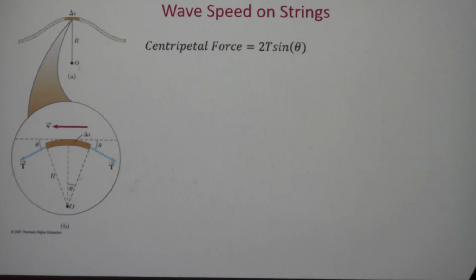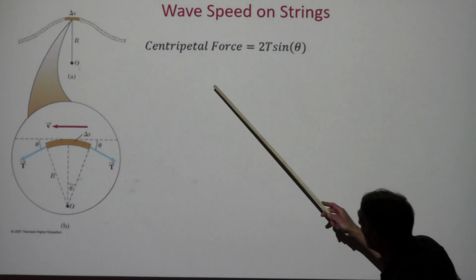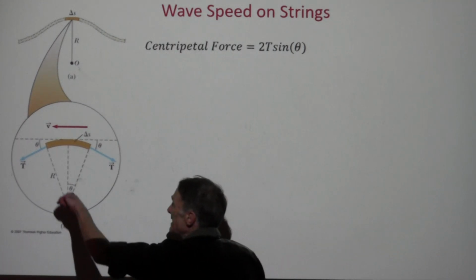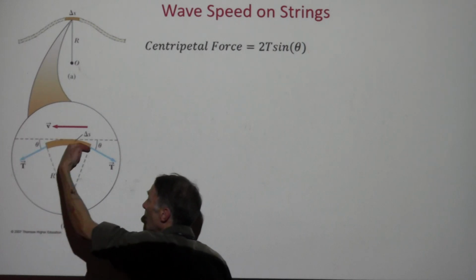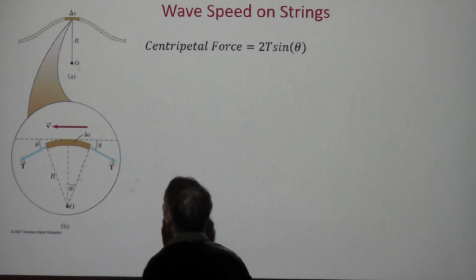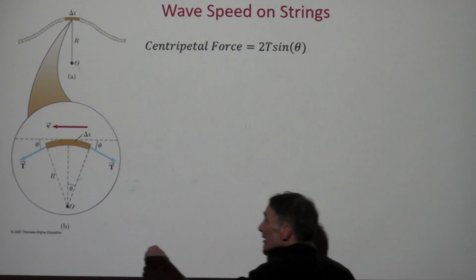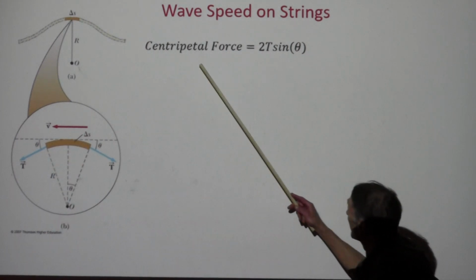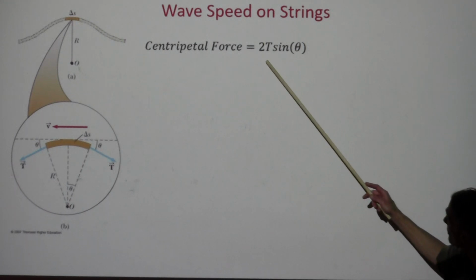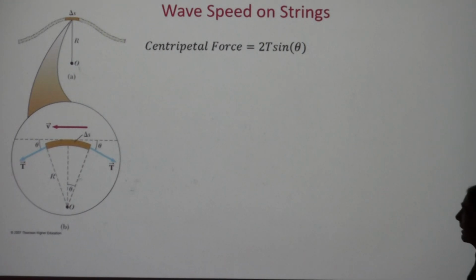Let's see if we can do this, and we're going to see why here. There's going to be effectively this tension pulling down. Since this is up here, the tension is along here, and they're both pulling down on this thing. And it's pulling into the center of what's going to be a kind of circular motion. That'll be a centripetal force, 2 T times the sine of theta.